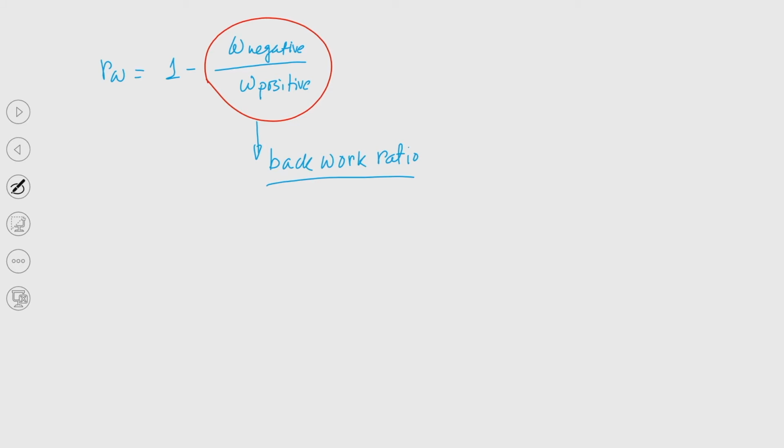Back work ratio, right. I would like to discuss two important points for this particular case.